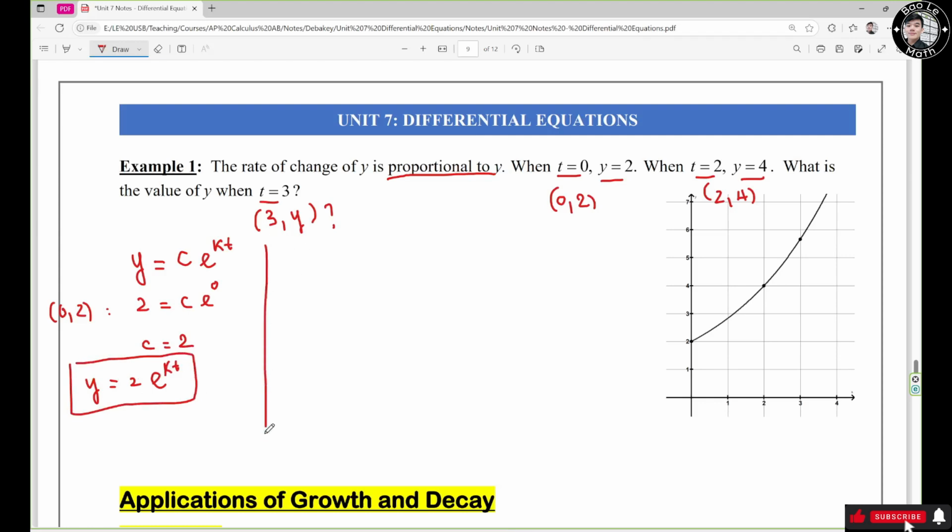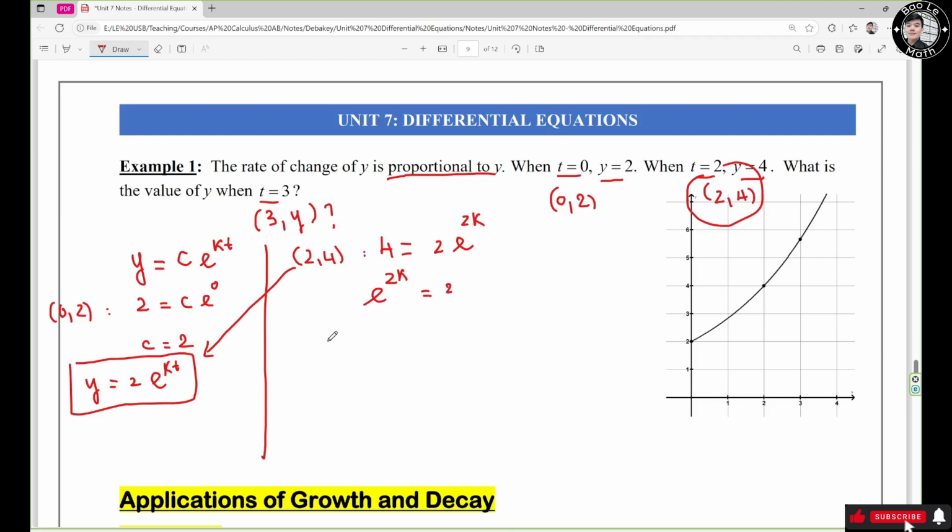Now we need to solve for k. We use the second ordered pair, (2, 4), and substitute into this equation. So 4 equals 2 times e raised to the 2k, so e raised to the 2k equals 2.